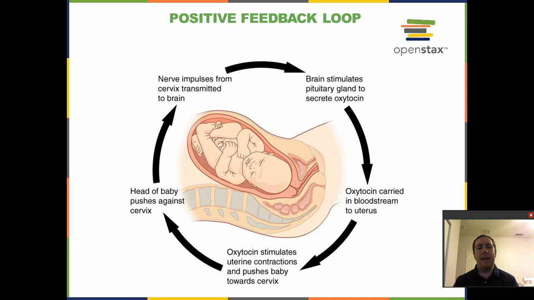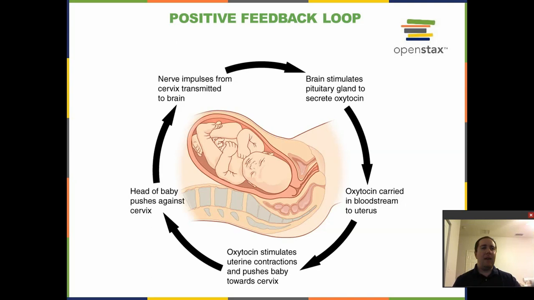Here is the example of a positive feedback loop. So at the beginning of labor, a hormone called oxytocin is released by the brain. Oxytocin causes uterine contractions, which then cause the baby to push against the cervix.